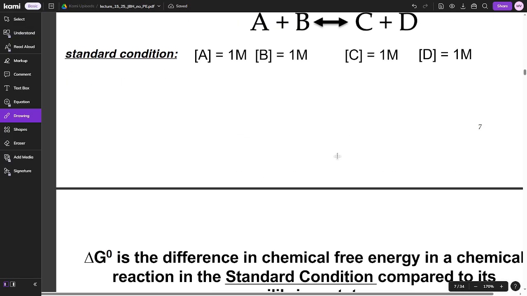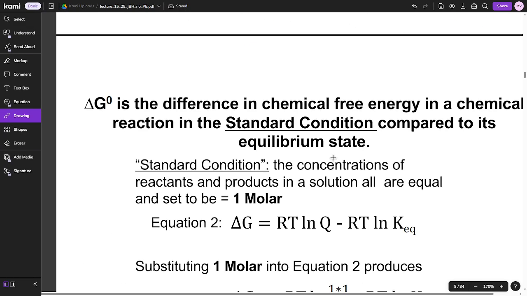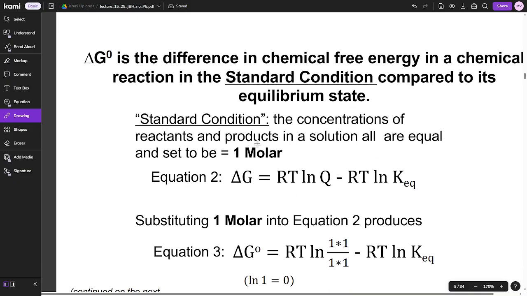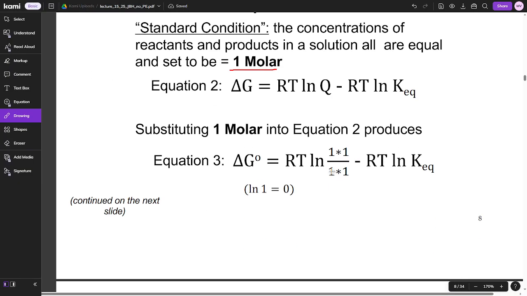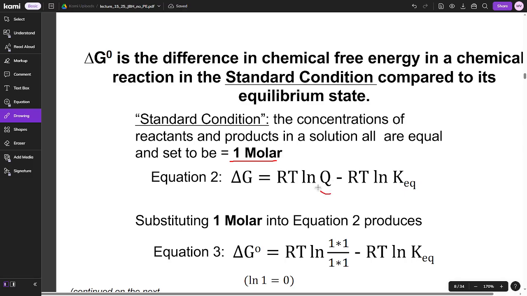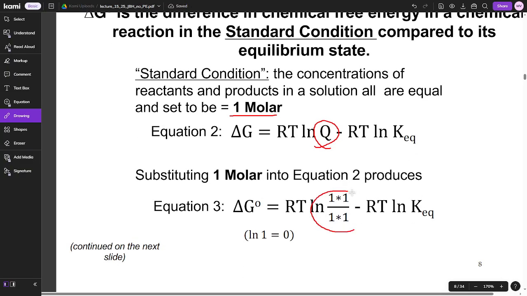So why do we set these to 1? Well, because this equation here has the reaction quotient Q. If we set everything here to 1, the natural log of 1 is 0, and so this whole term cancels out, and what you're left with is just this negative RT ln KEQ, which just gives you delta G naught.